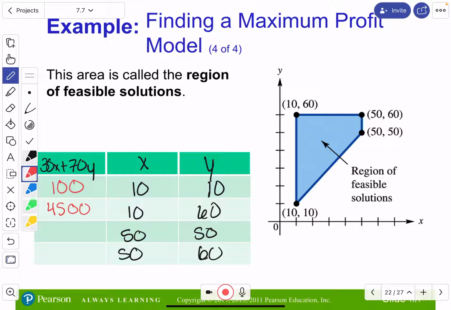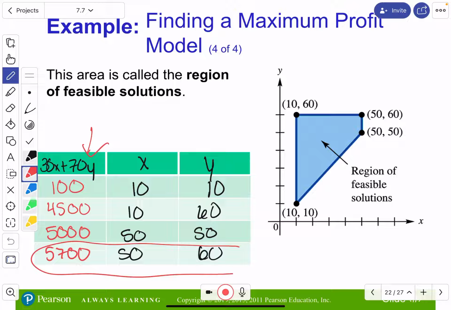So we're just plugging them into this equation here. So if we plug in 50, 50, we get 5,000. And if we plug in 50, 60, we get 5,700. This is the highest profit. So 50 MP3s and 60 Blu-ray per day will give us the biggest profit. That's what we're doing.